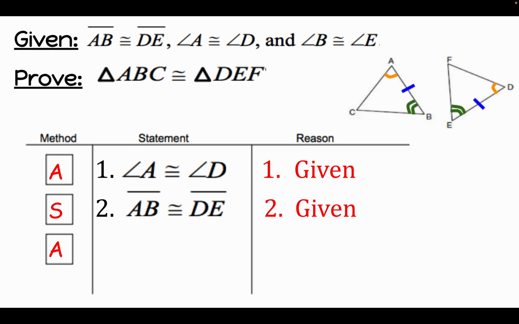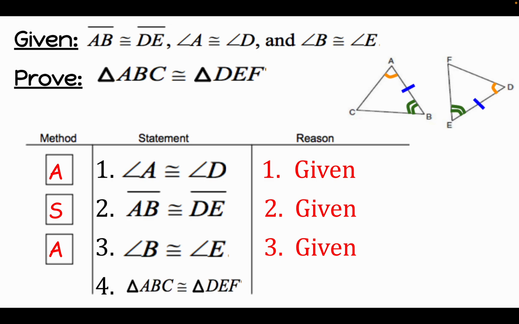That's also a given. And angle B is congruent to angle E. That's a given. Therefore, triangle ABC is congruent to triangle DEF because the ASA theorem.